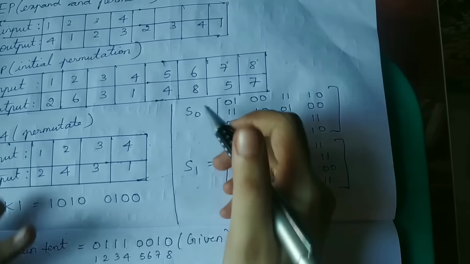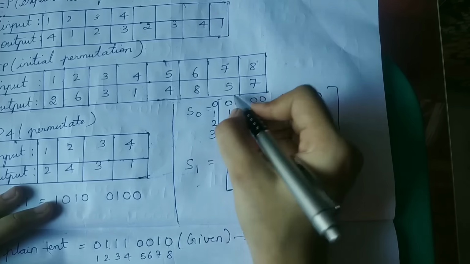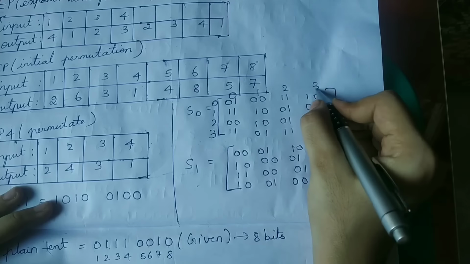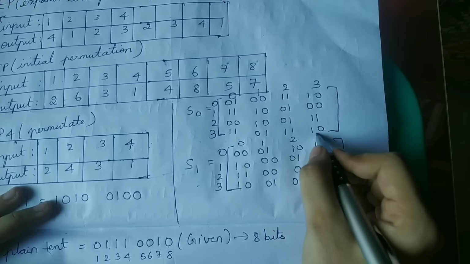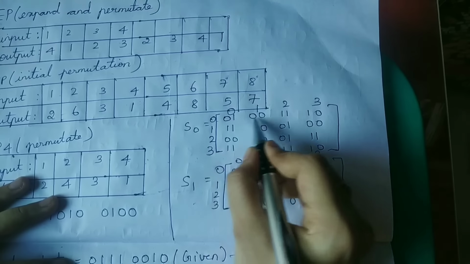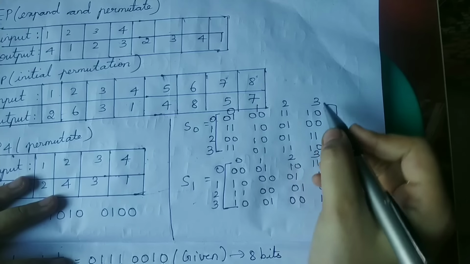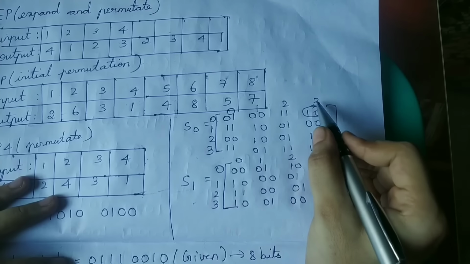So here if I see, this is 0th row, 1, 2, 3. 0, 1, 2, 3. So 0th row, 3rd column. So the 0th row for S0 is this row and the 3rd column is this. So this is the value, 0th row, 3rd column.